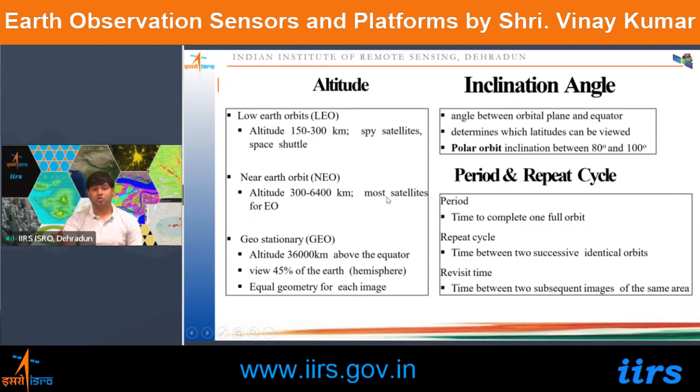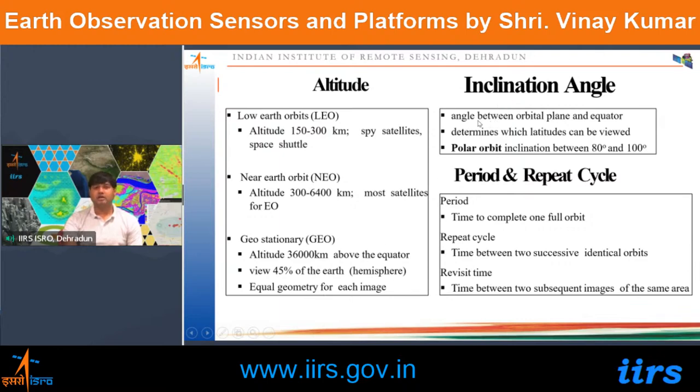Most remote sensing satellites used for Earth observation are near Earth orbit. Geostationary satellites are at 36,000 kilometer altitude above the equator. They are used for weather forecasting and monitoring, and communication purposes. They are able to view around 45% of the Earth surface, so there is equal geometry for each image.